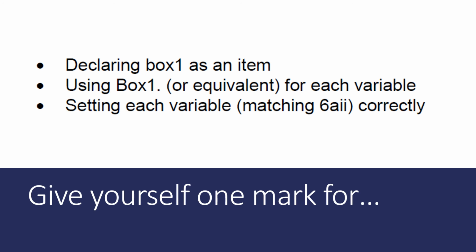If you get the first line right, you declare an item called box 1 using the correct record identifier. And then every variable begins box 1 dot, and that would be a second mark. And then if you've correctly given the name of the attribute, the equal sign, and the correct data, then you get that third mark.